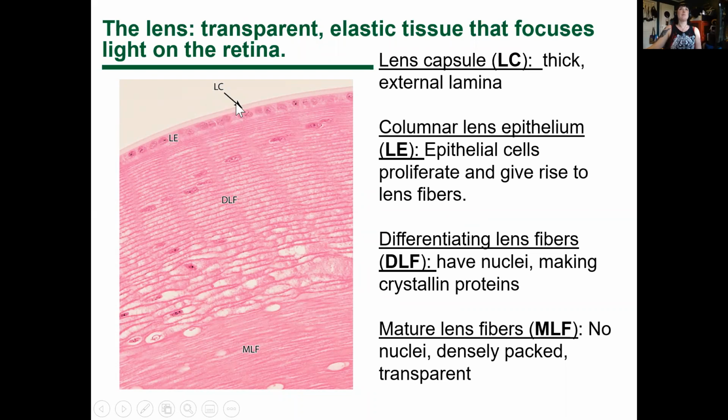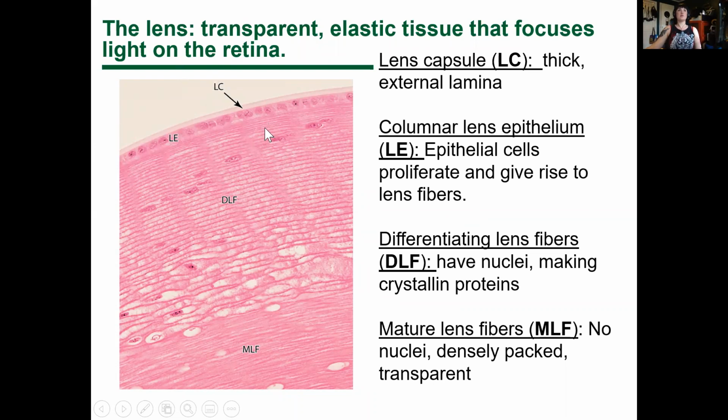So the lens capsule is a really thick glycoprotein-rich external lamina, which encompasses all of this. And then you have a small columnar epithelium, which essentially is between the capsule and the differentiating zone. So this is the edge.